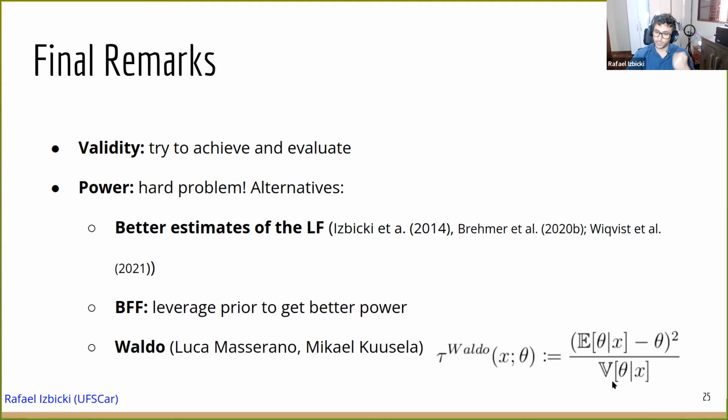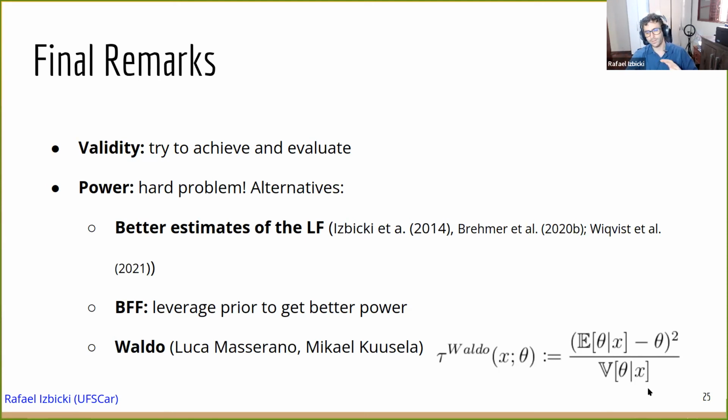Of course, we don't know the posterior mean and the posterior variance in an LFI setting, but we can estimate them using regression, or random forest, or any other regression method. So we estimate this test statistic and then use it to create a test and then invert to get a confidence set.